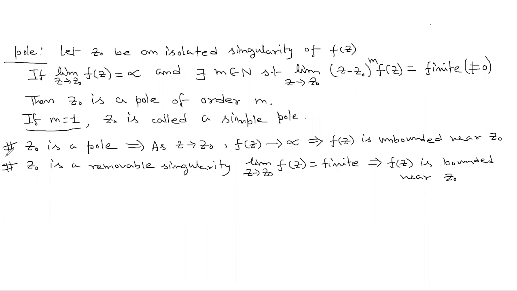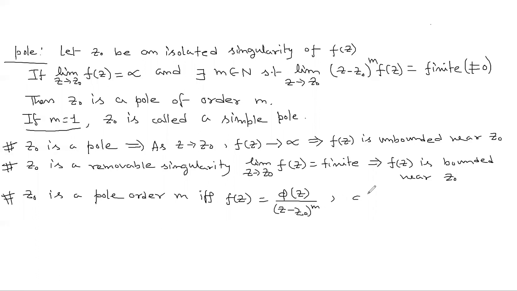The next important point that we can generate from this expression: z0 is a pole of order m if and only if we can write f(z) as phi(z) by (z minus z0) power m, where phi(z) is analytic in some neighborhood of z0 and phi(z0) must be not equal to 0.